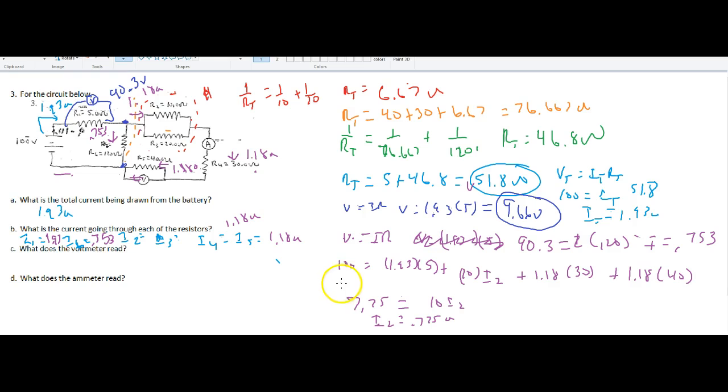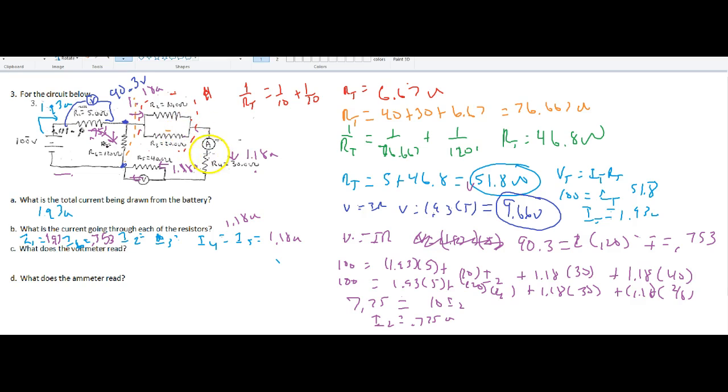Now let's try the other one. Same drill. I've got 100 equals 1.93 times 5 plus, this time, 20 times I3, plus 1.18 times 30 plus 1.18 times 40. Again, what am I doing? I'm walking around. I start with 100 volts. I lose 5 times 1.93 there because that's my current through there. I lose something here, I don't know what it is, but it's I times 20.